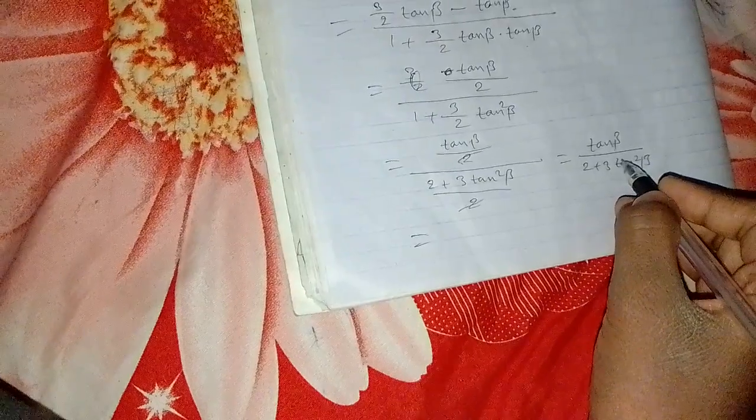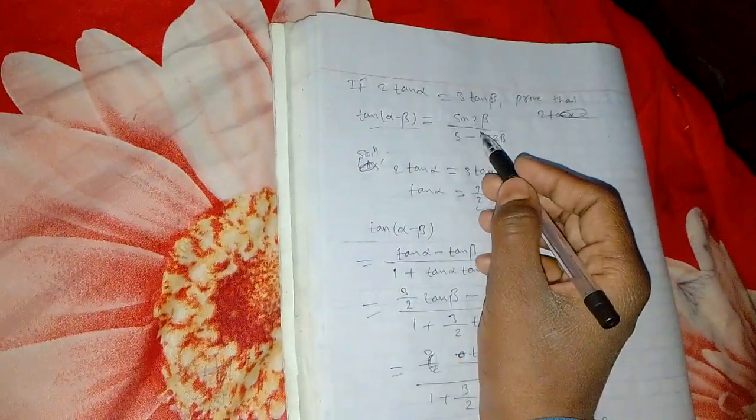Now I'm going to transform tan into sine, because our end result is in sine. So we can write tan beta as sine beta over cosine beta, all divided by 2 plus, first of all this calculation is right, 2 plus 3 tan squared beta, so 2 plus 3 sine squared beta over cosine squared beta.